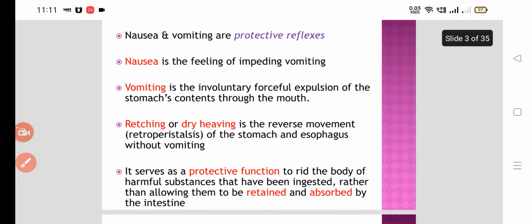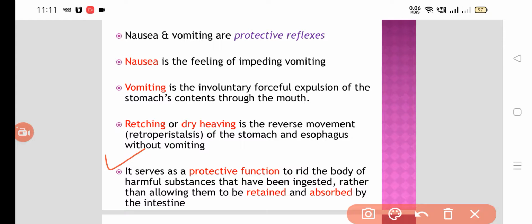Now, these functions, nausea, vomiting, and retching, serve a protective function. These are the protective reflexes. For what?